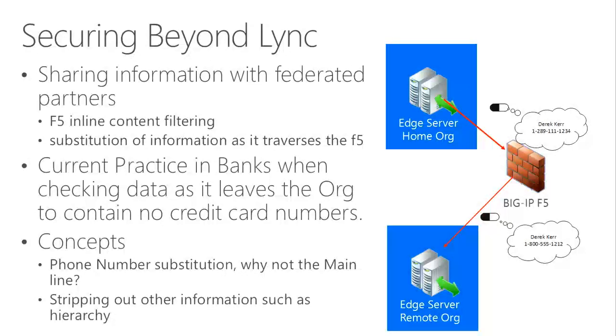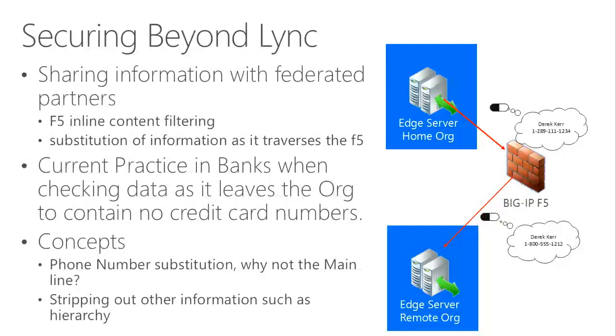Unfortunately, I couldn't get the IAP built in time to present it, but I was conceptually allowed to talk about this and got the release from F5 to say, hey, we can do this. F5 does this now with PCI compliance with credit cards that traverse the firewall. They look for pattern recognition. They see it's a credit card. They knock it out and put X's in. Why not use that in Lync?